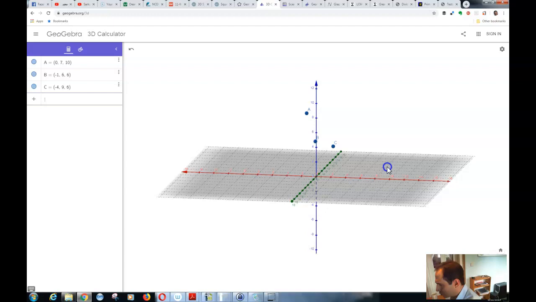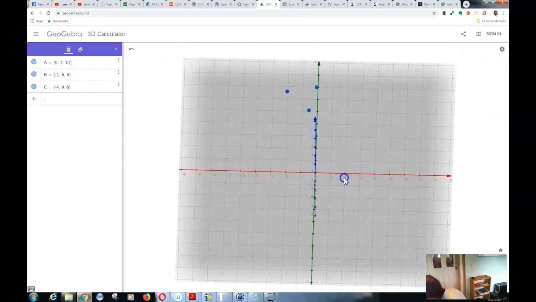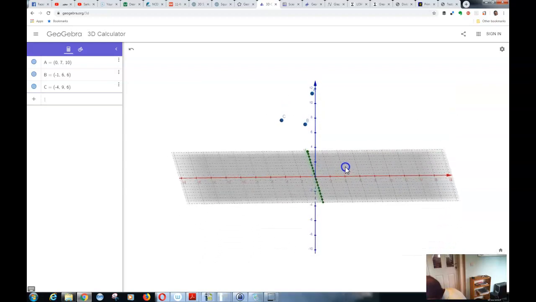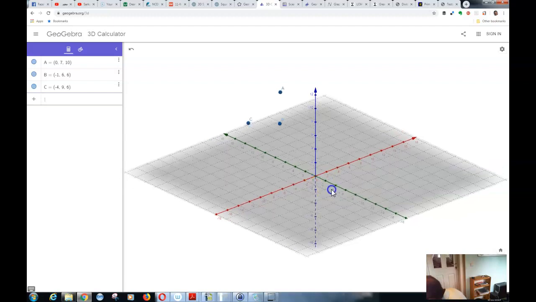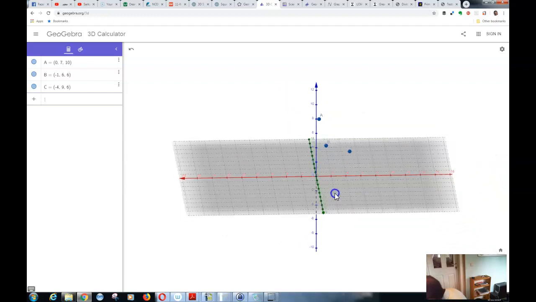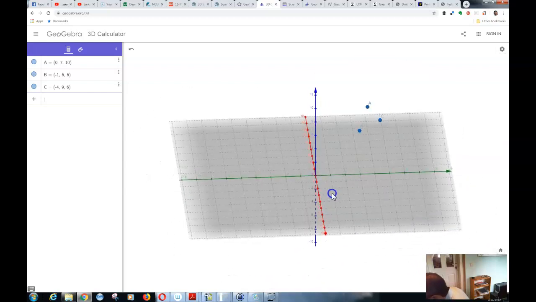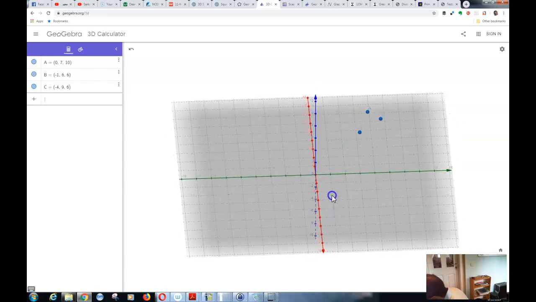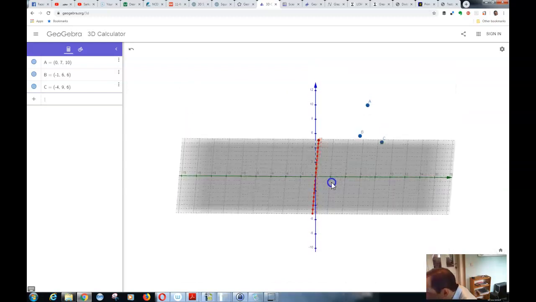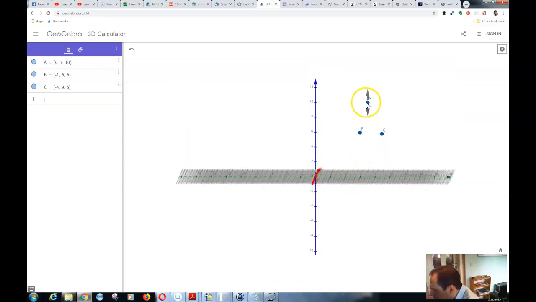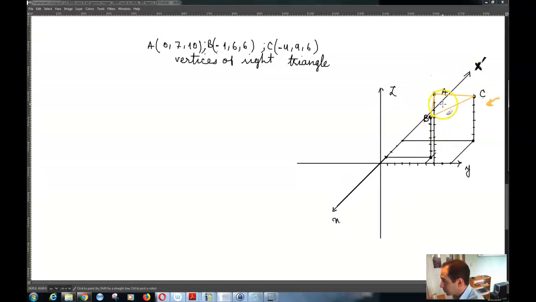And so what I'm going to do, I'm going to take B as the vertex containing the right angle, and write AC squared is equal to AC squared, and then let me take a look at this thing from the other angle.